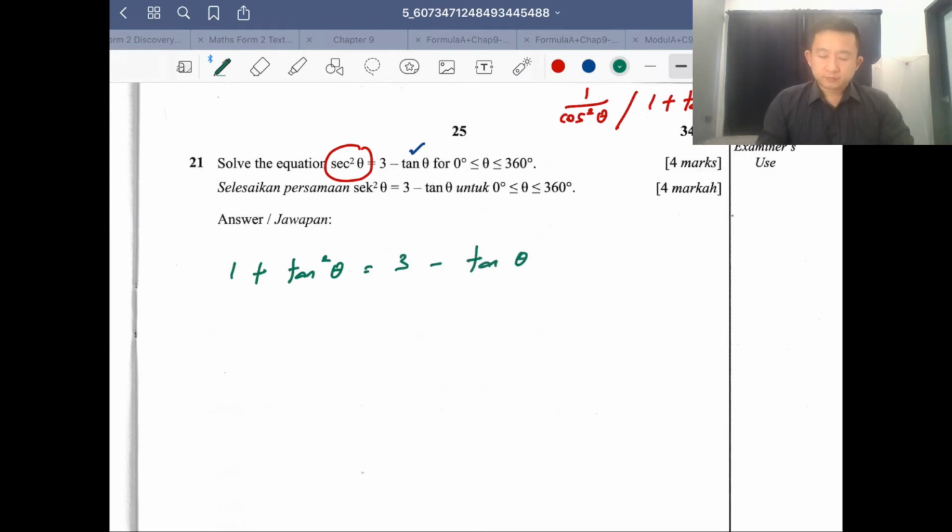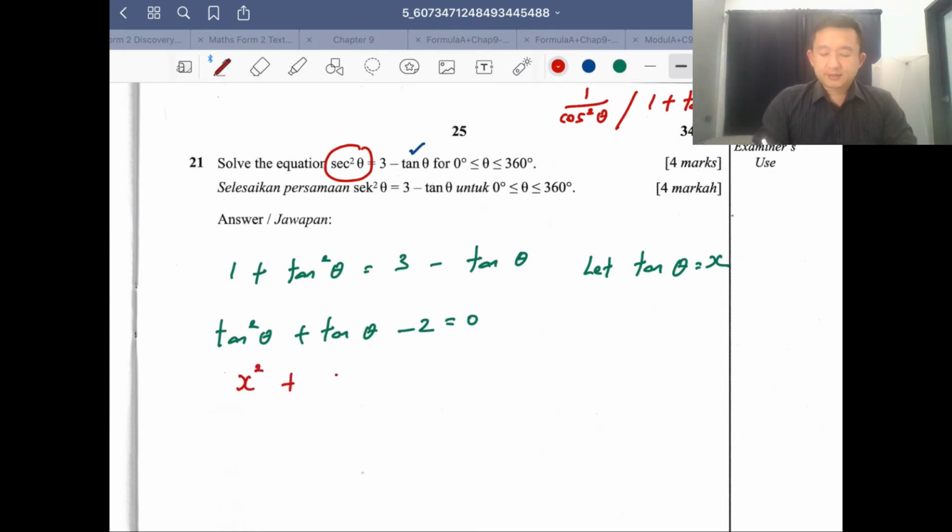Okay. Then try to put everything on the left hand side. If you cannot see it, let me show you. You can let tan theta equal x. And when you do that, you have x squared plus x minus 2 equals 0.